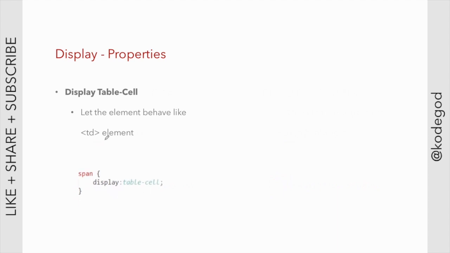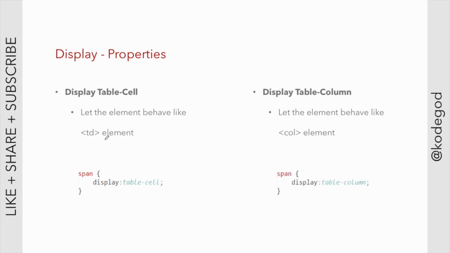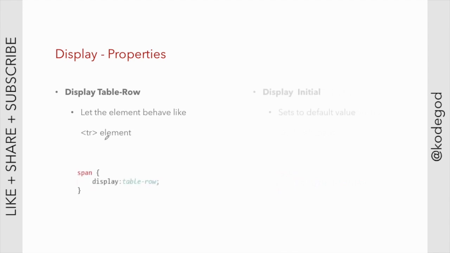Then the display table cell, it will start behaving like a TD element. Then we have table column, so with the help of this it will start behaving like the col element. Then table row, it will help us to have the element behave like a TR element.